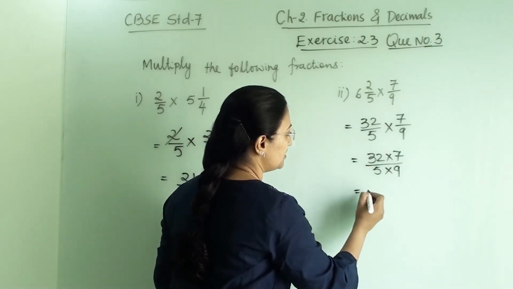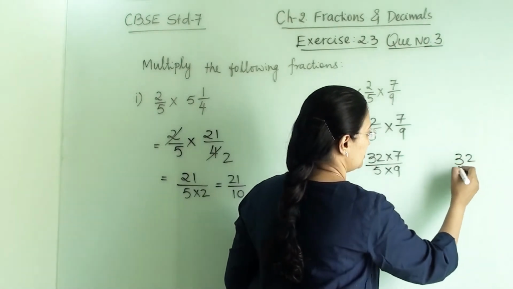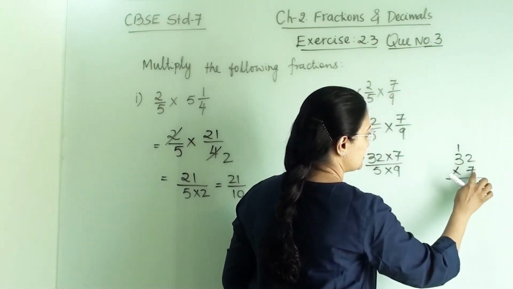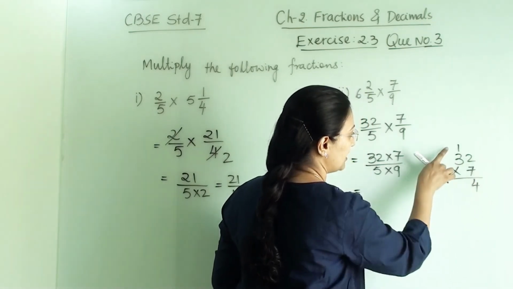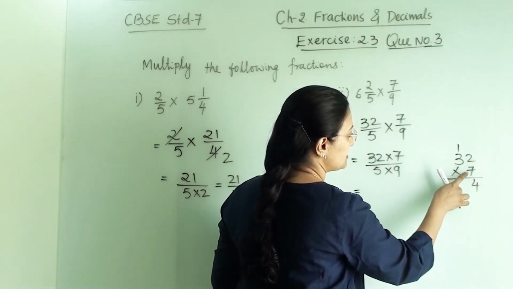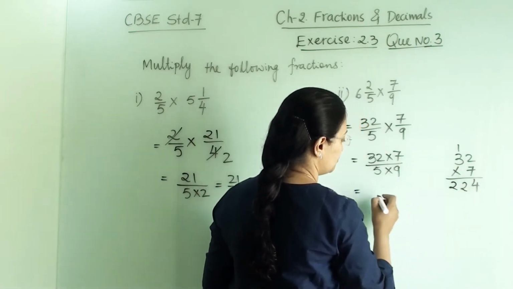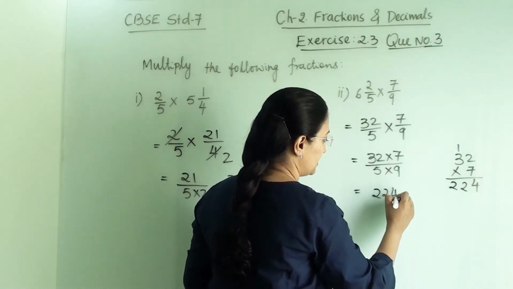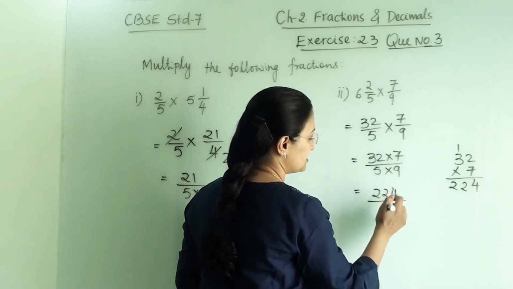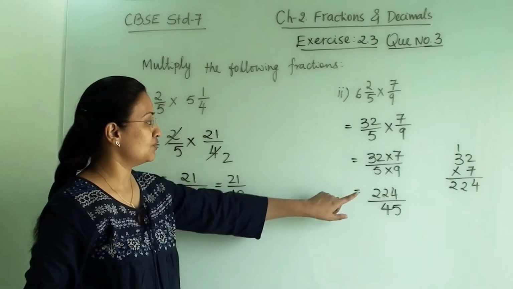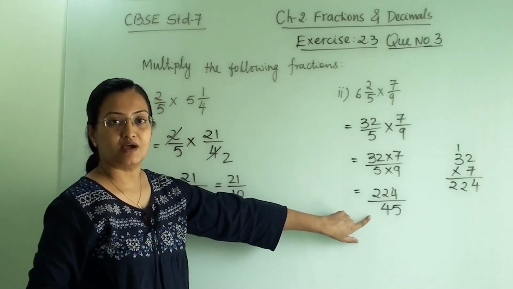So 32 into 7. 7 2s are 14. So 4 and 1. And 3 7s are 21 plus 1. So it is 22. So it is going to be 224 divided by 5 9s are 45. So this is our answer, that 224 divided by 45.